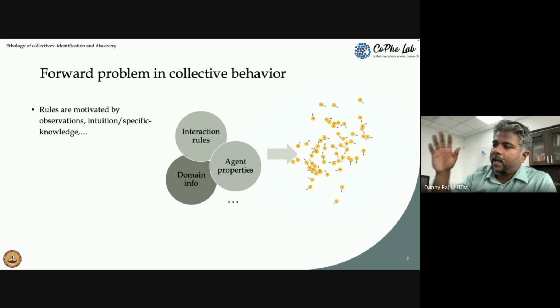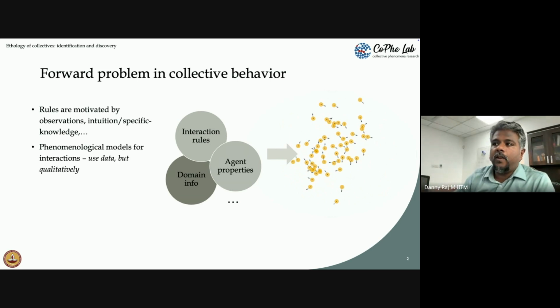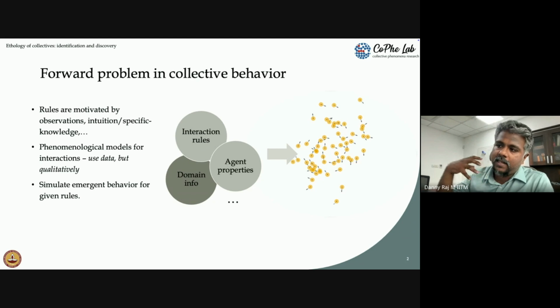So now, where are these rules coming from? They are motivated by observations. There are some intuitions, the domain-specific understanding that you have, which you use to write these rules down. Many times it could also be phenomenological in nature. What I mean by that is you have data, you made a lot of observations, and from there you hypothesize how interactions are, and then you plug some version of that into these simulations, and you are essentially simulating the emergent behavior that emerges from the rules that you've given.